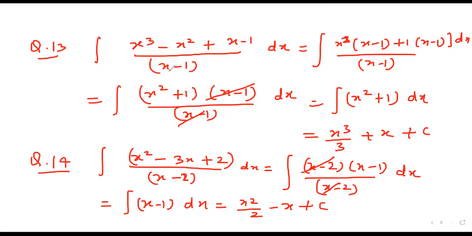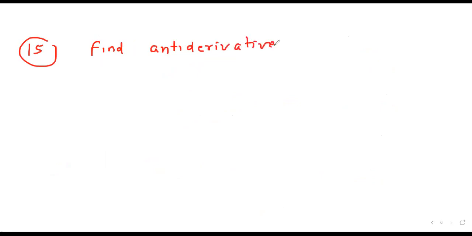Now consider two objective questions. So question number 15. Question number 15 says, find the antiderivative of x square plus 5x. Here, antiderivative means integration.